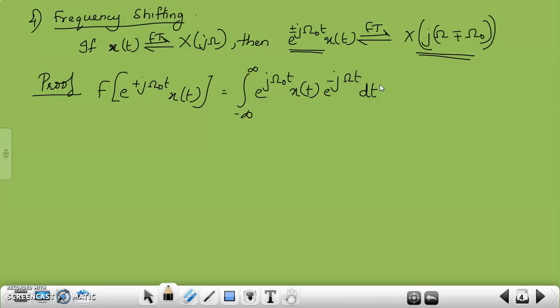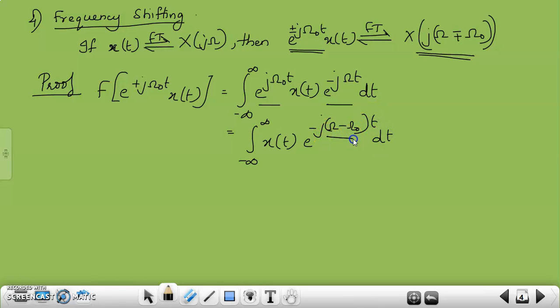So here I have two exponentials, first one j omega naught t and second one minus j omega t. I can group these together like integral minus infinity to infinity x of t e raised to minus j omega minus omega naught t dt.